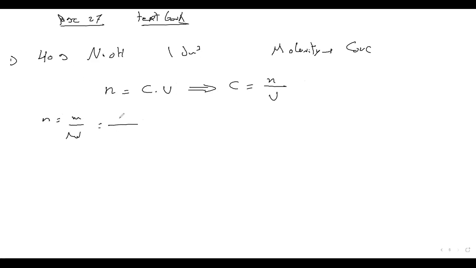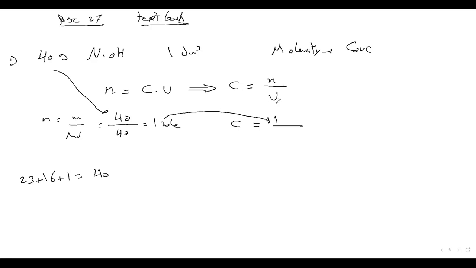Mass is 40. Molar mass of NaOH: Na 23, plus O 16, plus H 1, equals 40. So 40 over 40 is 1 mole. Concentration is number of moles 1 over volume 1, so it will be 1 molar.